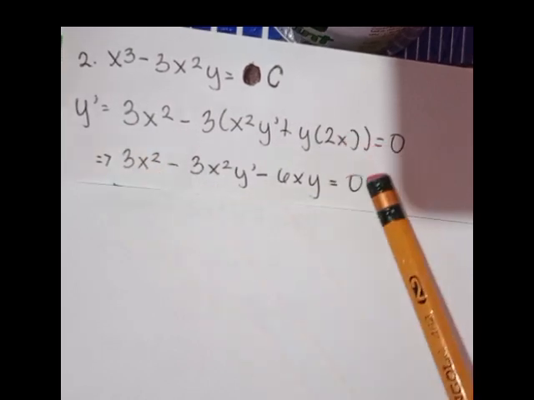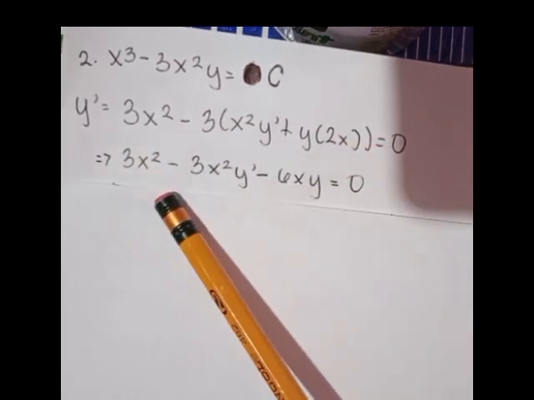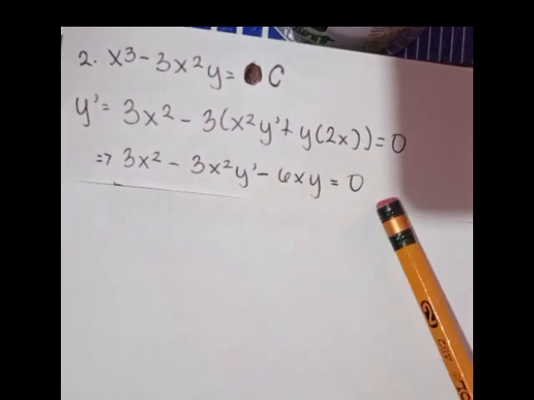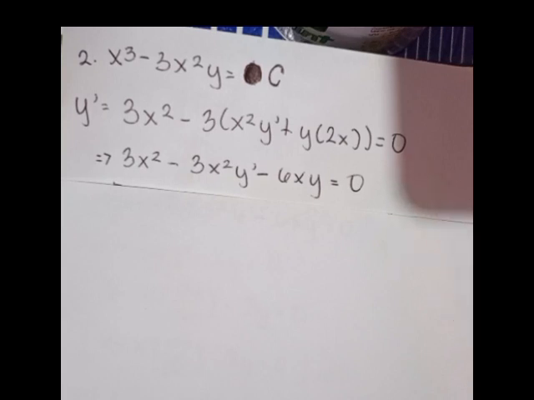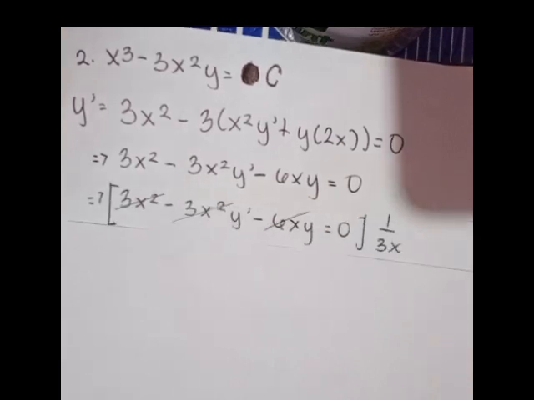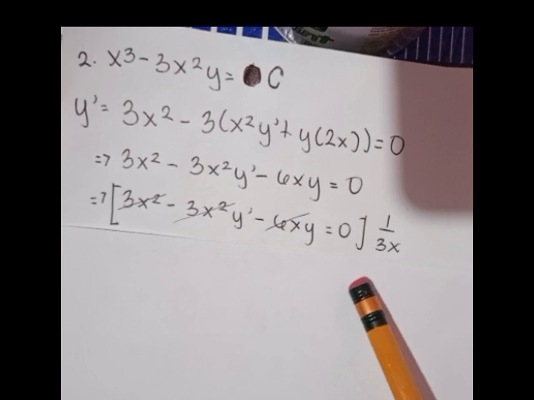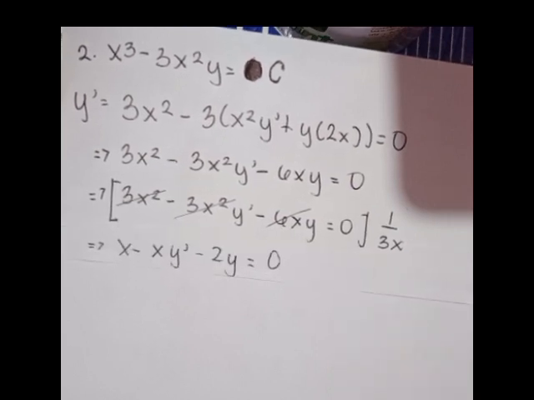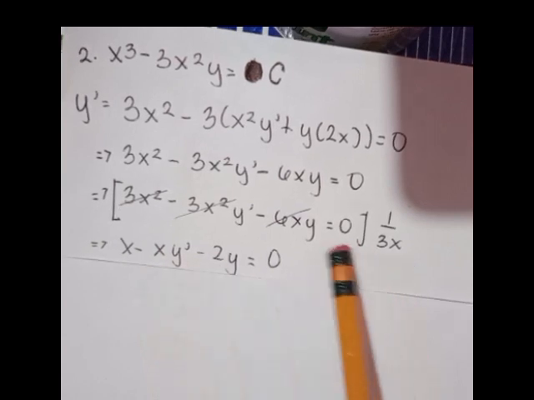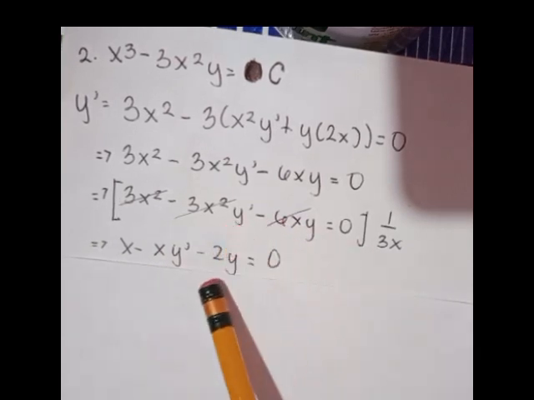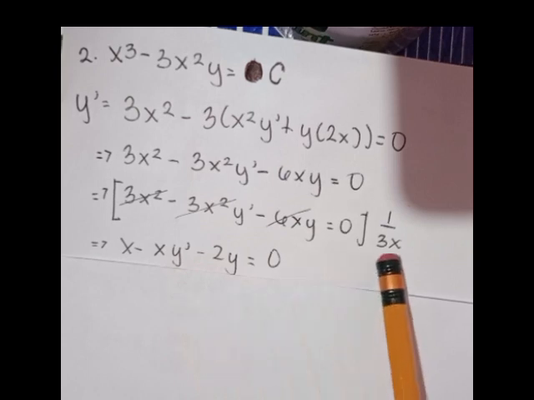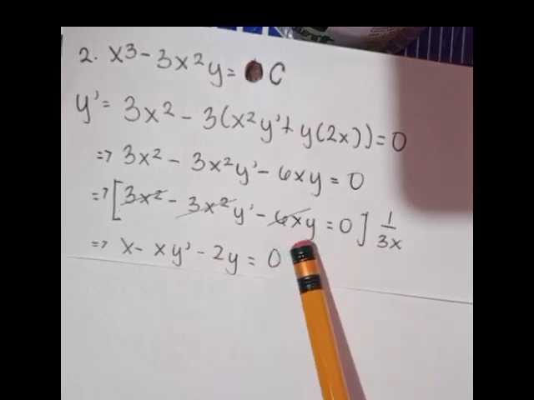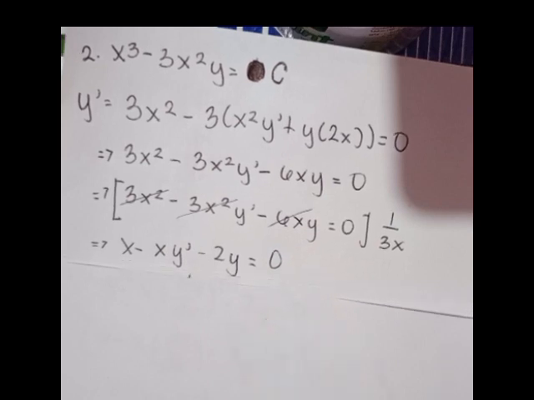In this whole function, we have a similar term, which is 3x, so we need to divide by 3x. So 3x squared divided by 3x, we will get x, and 3x squared y prime divided by 3x, we will get xy prime, and negative 6xy divided by 3x, we will get 2y, equals 0.